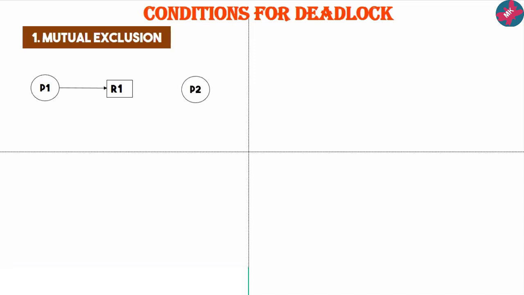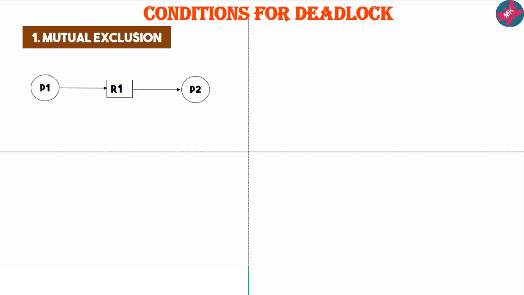the resource R1. Now suppose at the same time P2 is there also. So suppose a process P1 is there and it desires a resource R1. If resource R1 is available, then that resource will be given to the process P1.